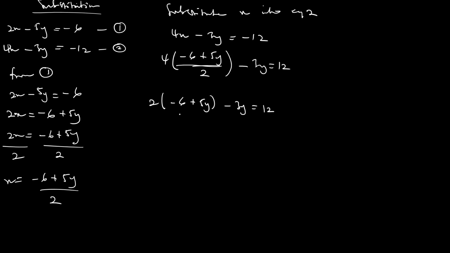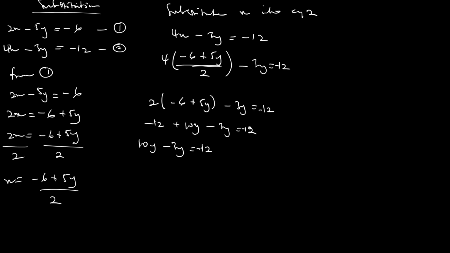So we have 2 times minus 6, which is minus 12, plus 2 times 5y, which gives 10y, minus 3y equals to minus 12. Okay, so now we group like terms.